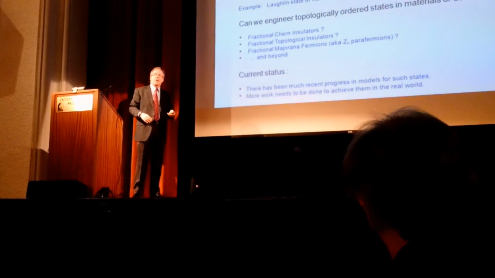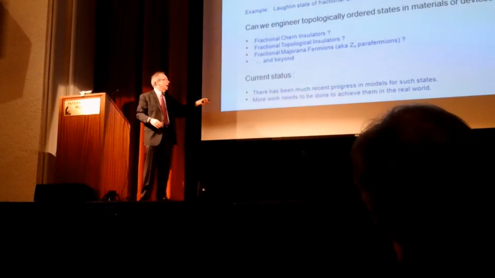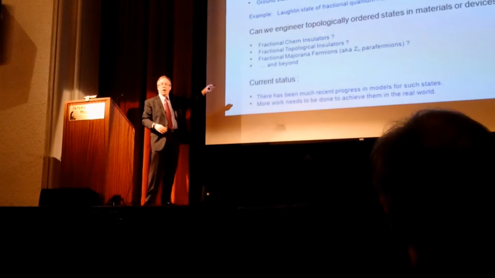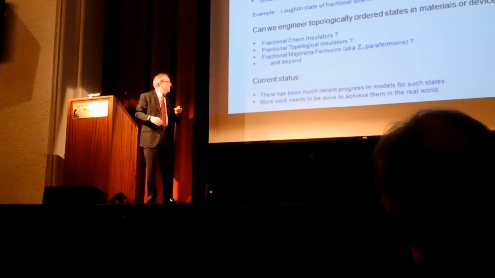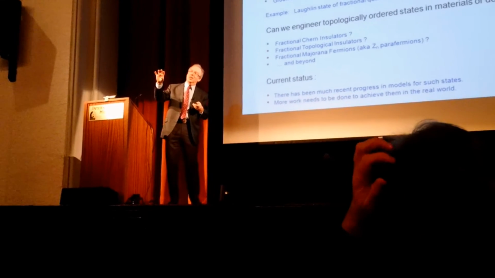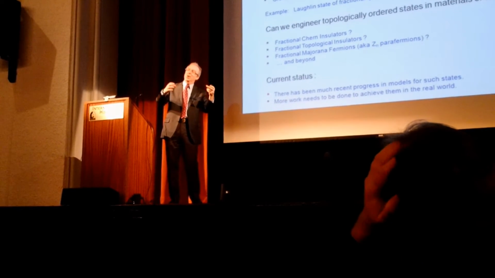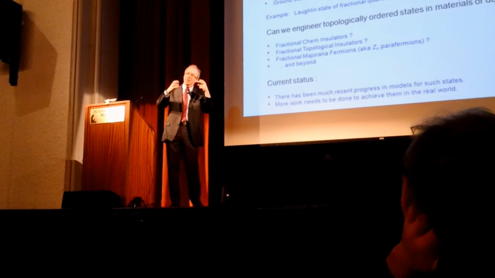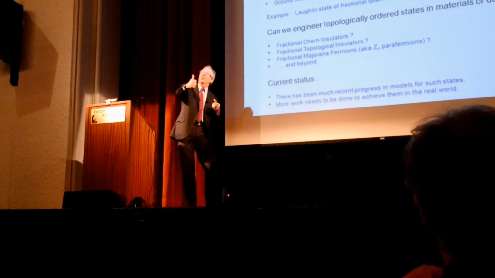So there's been a huge amount of recent progress in theoretical models that describe these states. The challenge is to make those kinds of theoretical models get close enough to the real degrees of freedom of electrons.